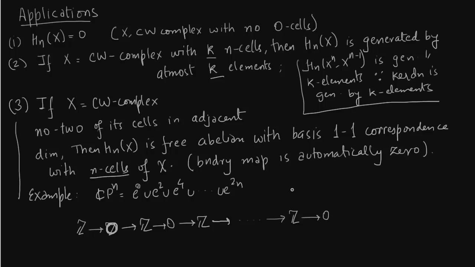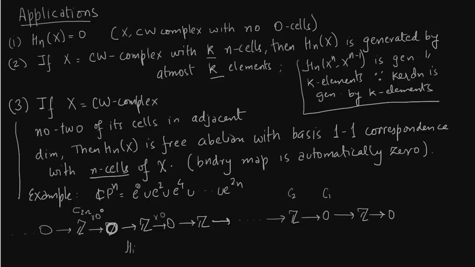So this is 0, C2, C1. Okay, so this is C0. So now obviously, since this is a 0 map in between, in even dimensions we have the cells and in the odd dimensions we have nothing. So now you can directly compute the homology or use part 3. This is C2n.